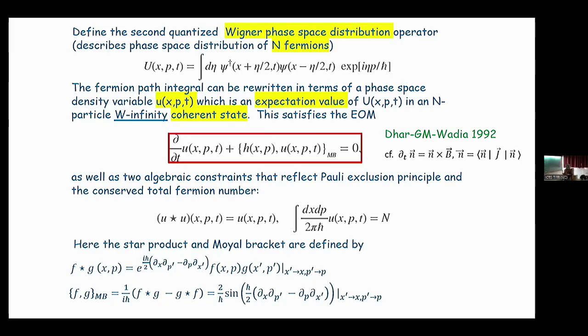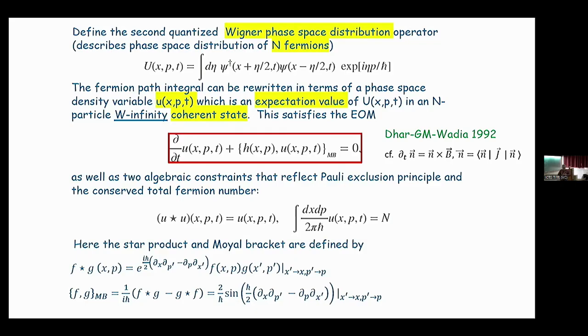And the fermion path integral can be rewritten in terms of a phase space density variable, this little u(x,p,t), which is an expectation value of the second quantized Wigner phase space distribution in an n particle W infinity coherent state.